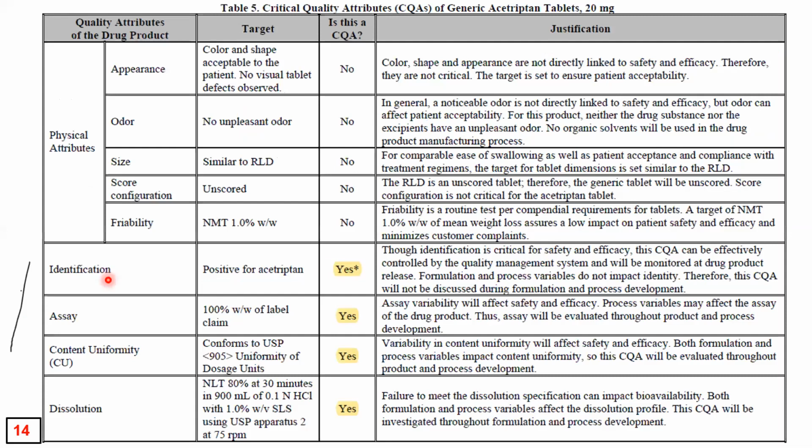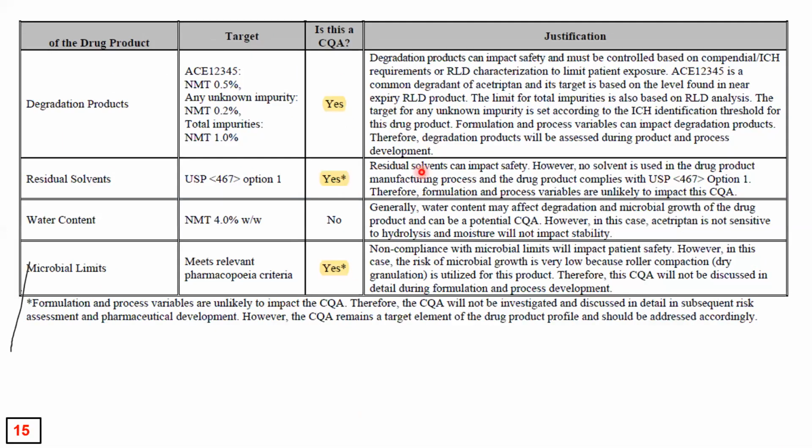Similarly, residual solvents, as we all know, can impact safety. Let us stop using the residual solvent. Let us say alcohol is to be used. Instead of wet granulation, let us go for dry granulation. In this experiment, if you see, they went for a dry granulation process, which is the roller compaction technique. They didn't use any kind of solvents to make the granules, so they avoided this.